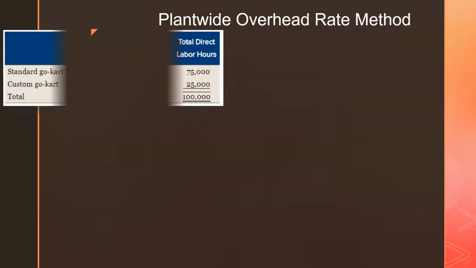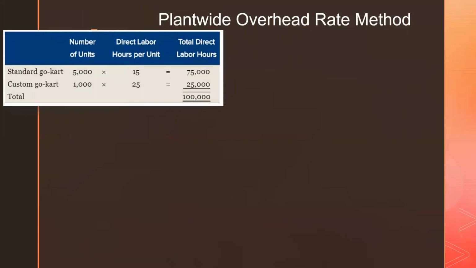So remember, when it comes to that plant-wide rate, we're going to look at the formula in a second, but for this example, all through this chapter, we are going to talk about go-karts. I don't know about you, but I enjoy riding go-karts as long as they're not crazy fast. So we know that for this company, they are planning to produce 5,000 standard go-karts.